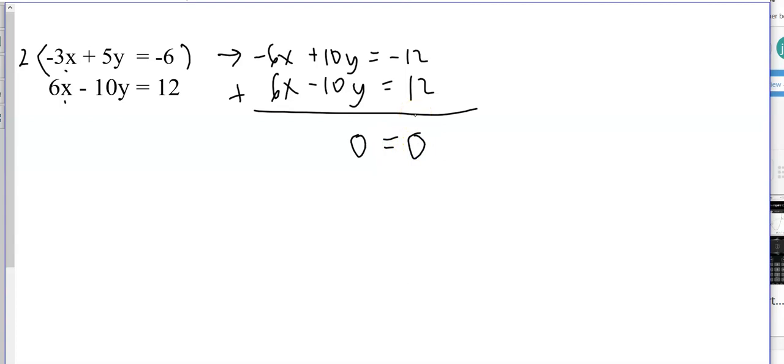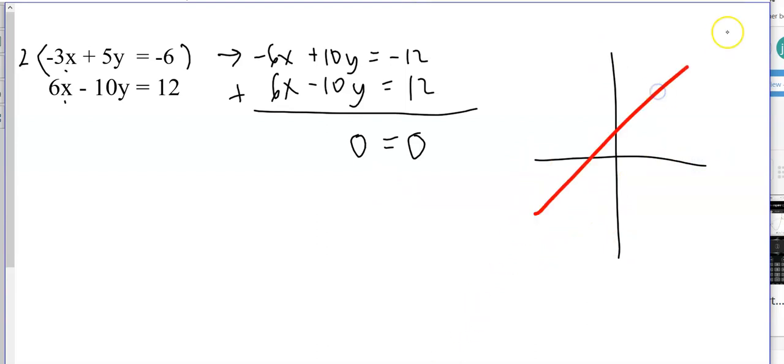Yes, it does. So what this means graphically is these two lines are the same graph, on top of each other. So there's an infinite number of solutions. We say infinite solutions whenever 0 equals 0, whenever all the variables go away.